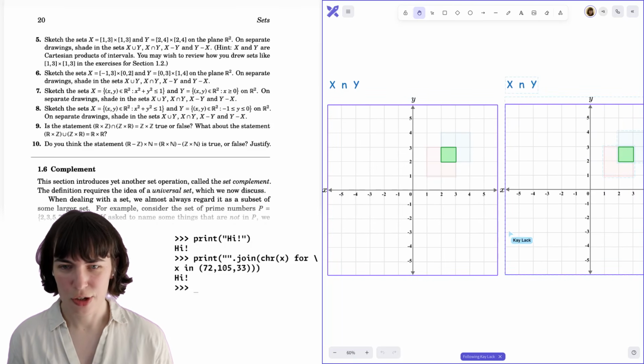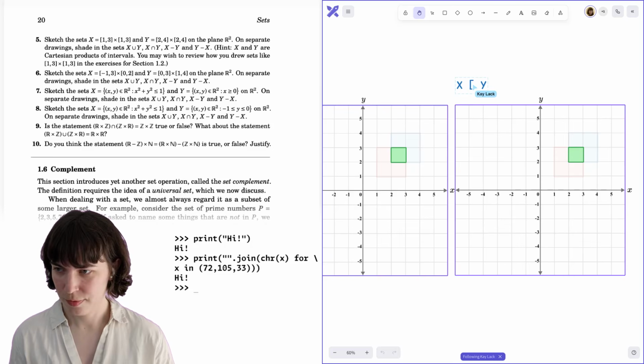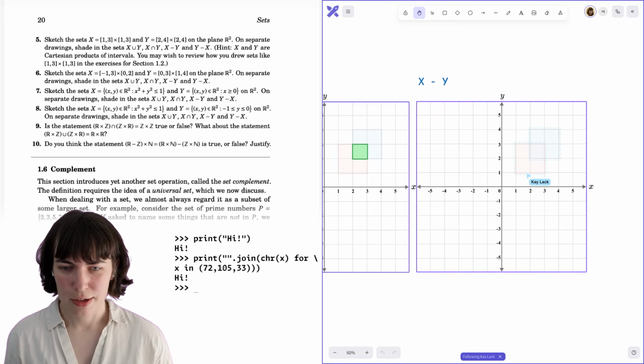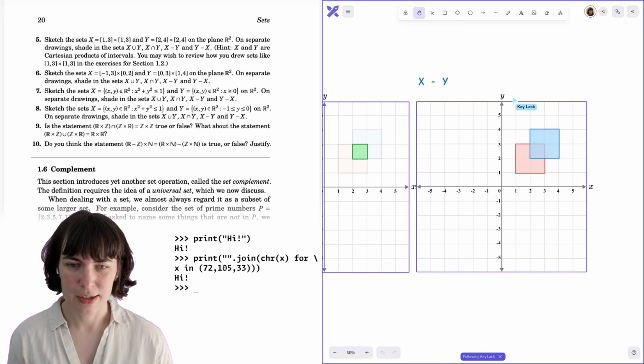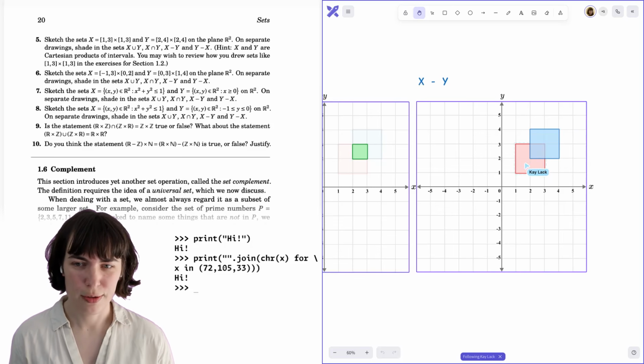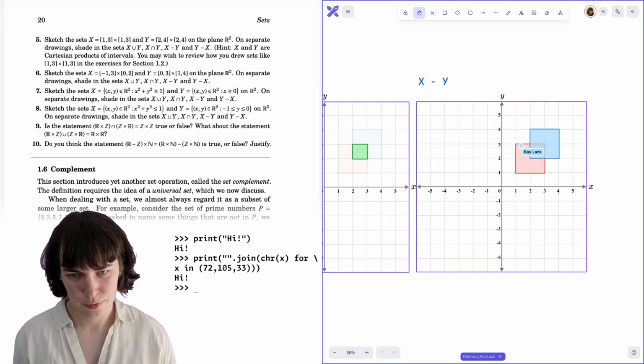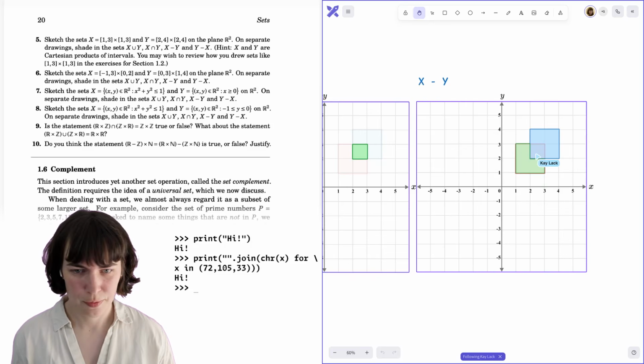And then the difference is the tricky one. So x minus y is everything that's in x, and x is the red one, that's not in y. So that really is going to look like this, I think.